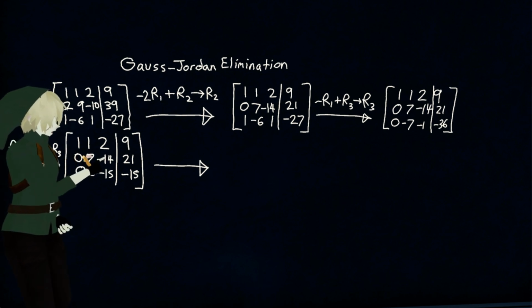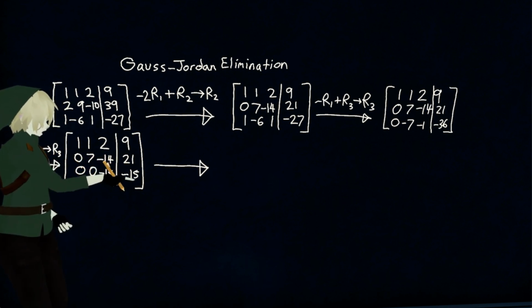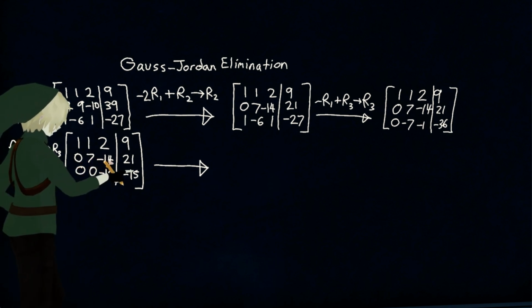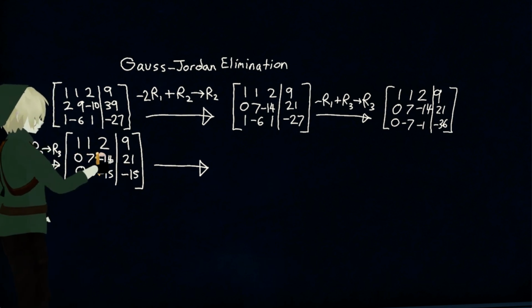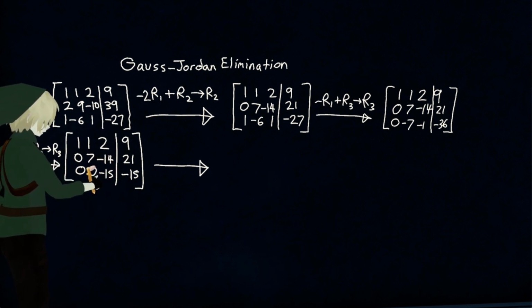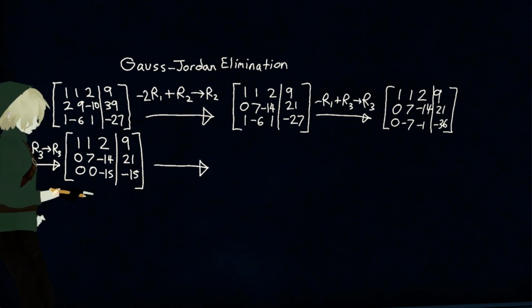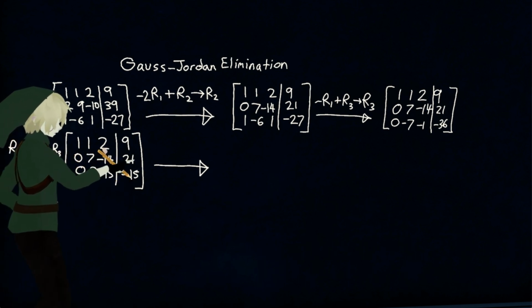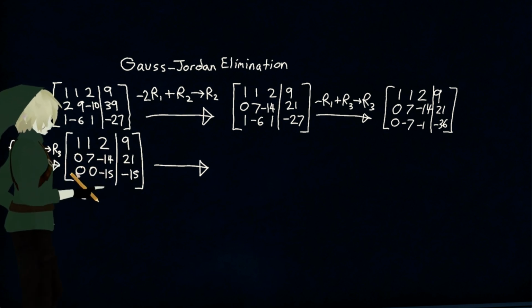I'm gonna use my first action of the three legal actions, multiplying a non-zero number to both sides of the equation. In fact, I'm gonna do that to both of these because I can divide 7 and I can divide negative 15.